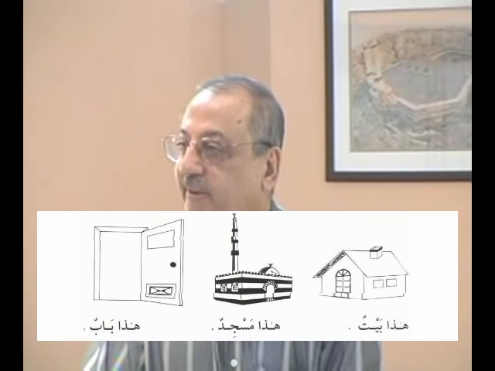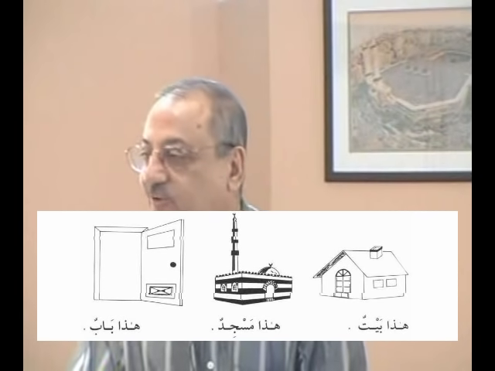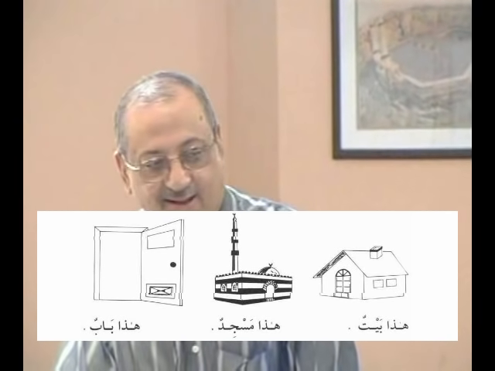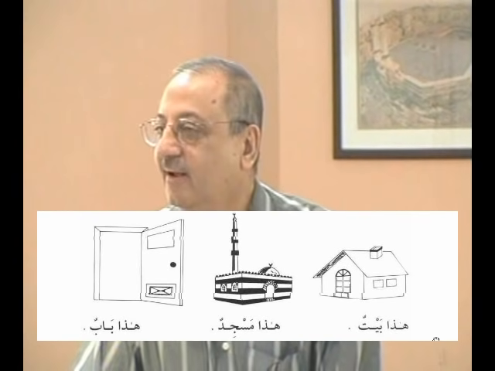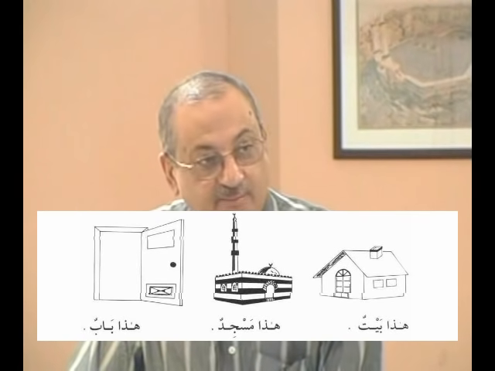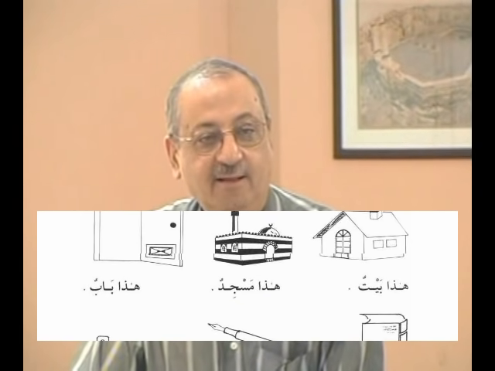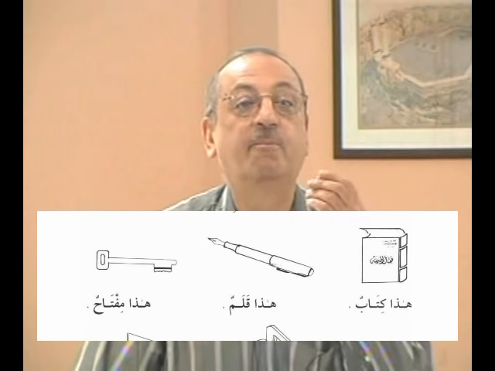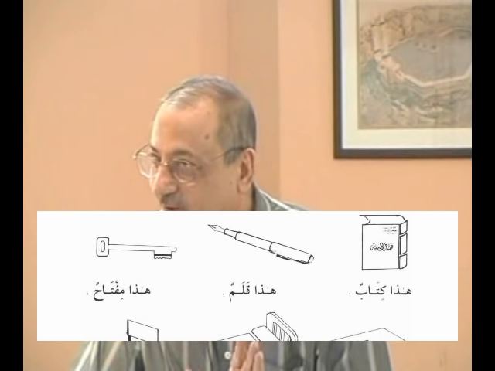So the first picture says Haza Baitun. What is the next one, brother? Haza Masjidun. Okay. And the next word? Haza Babun. Okay. What is the next word? Haza Kitabun. You will have to say bun properly. Remember, dun dan din. You must say properly.